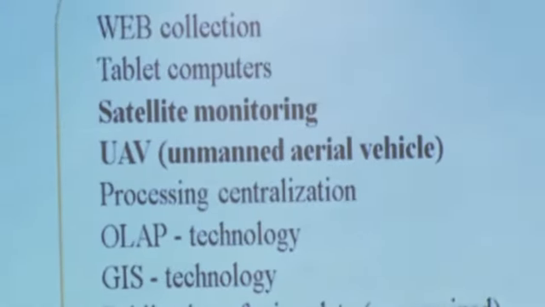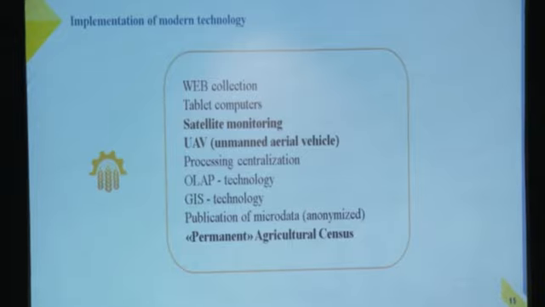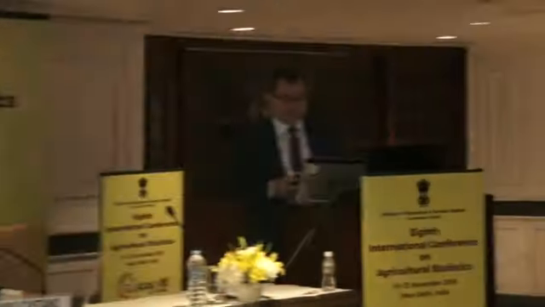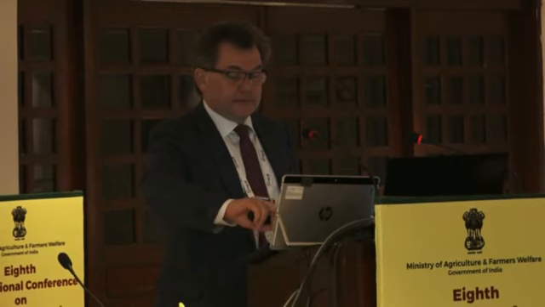The use of satellite monitoring and unmanned aerial vehicles to check the data obtained during the census. And finally, the main thing is the transition from periodic agriculture census to permanent census, only for households.